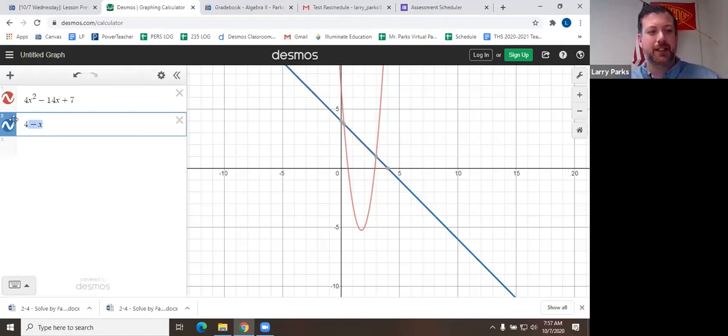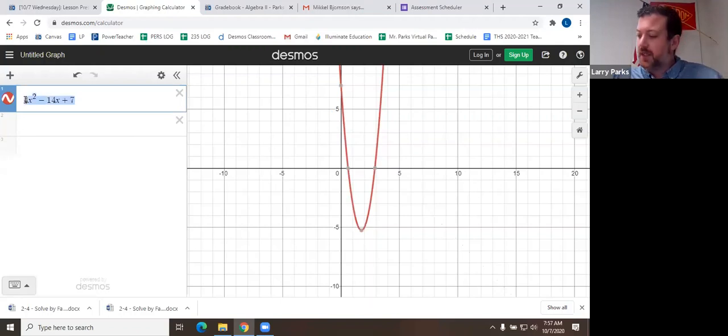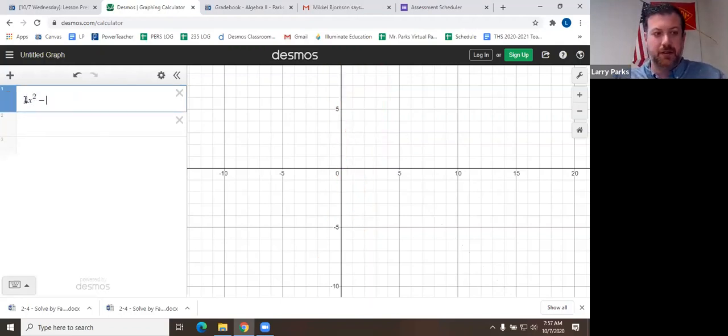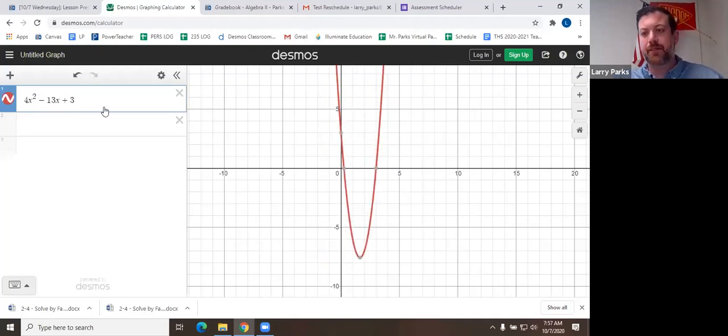Now what we decided to do, instead of looking to see where a parabola intersects a line, we put everything on one side. And now we could look for where it crosses the x, which again is 0.25 and 3.